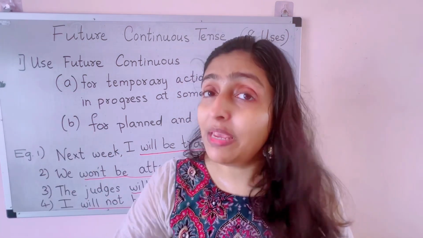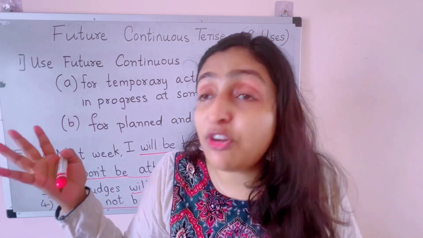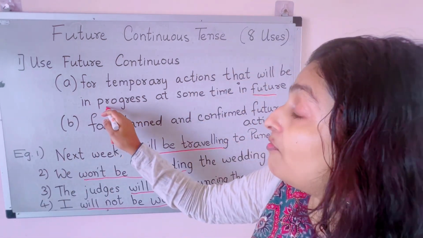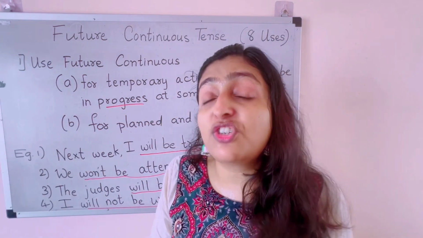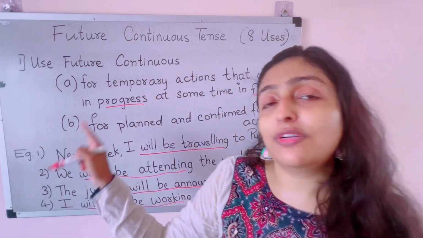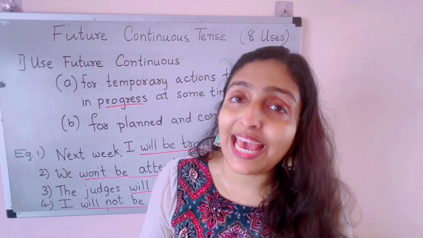So I am informing my HR department that I will be on leave. I will not be working. So if you have to show the action or event that is in progress, then you need to use future continuous tense. I hope it's clear. Let's move on to the next rule.